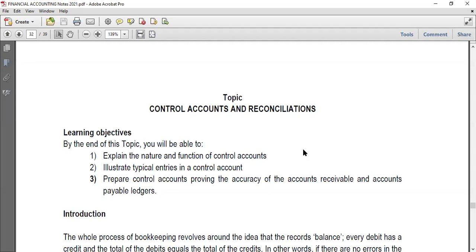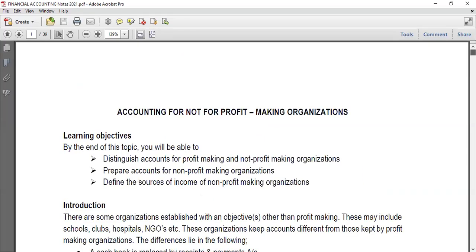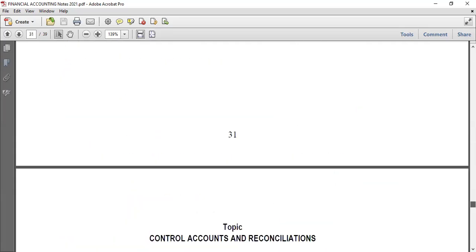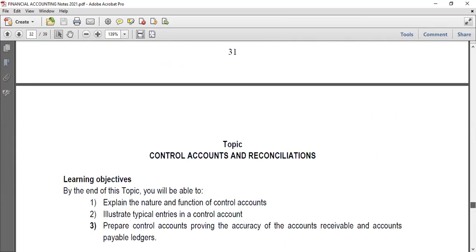Within your notes is also this topic. I think you remember we had 3 topics in this handout. We had a topic on accounting for not-for-profit organisations, then manufacturing accounts, and lastly the topic of control accounts and reconciliations, okay?